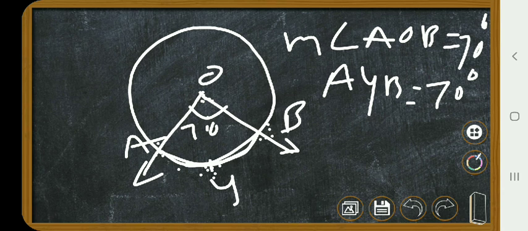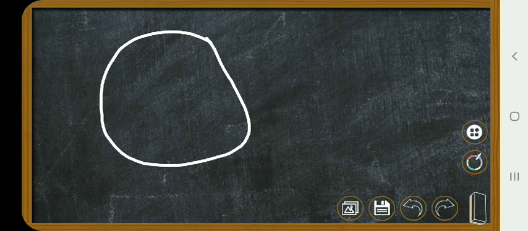Okay. Now next, one more thing. Now next is how to find the measurement of a major arc.